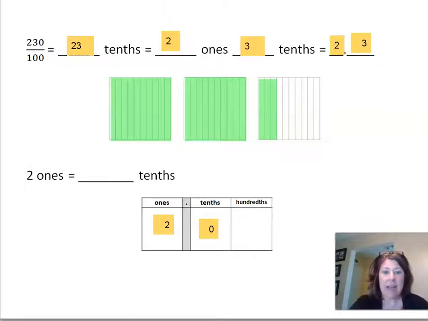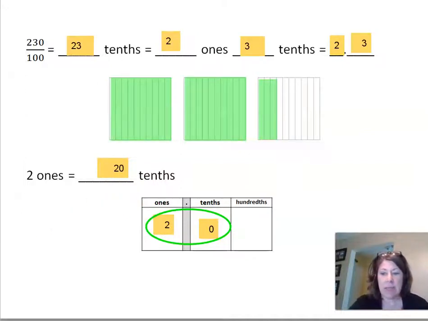So now what I have is 20 tenths. So 2 wholes, which we already knew, is equal to 20 tenths.